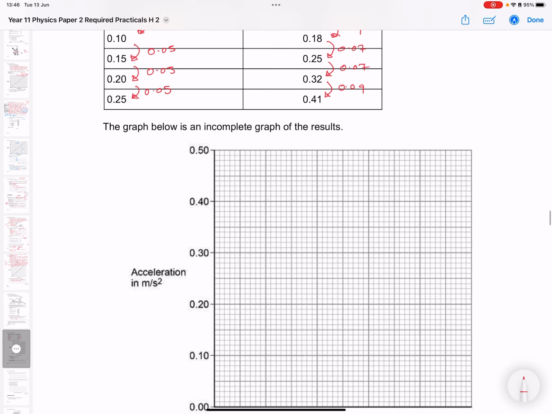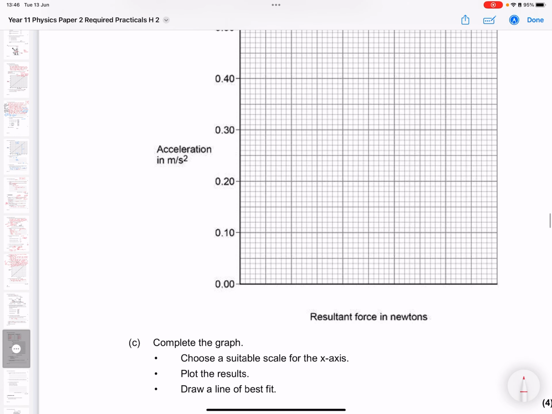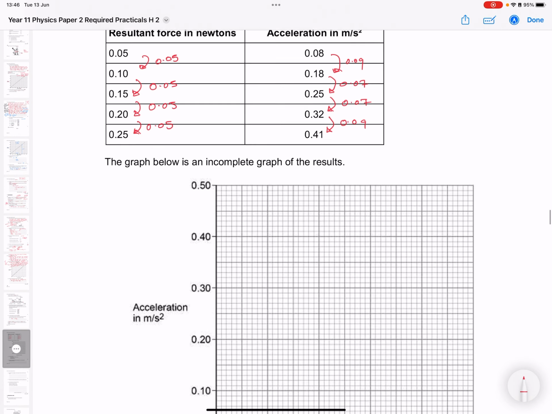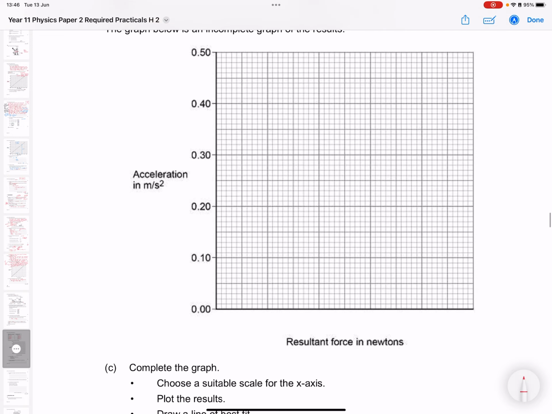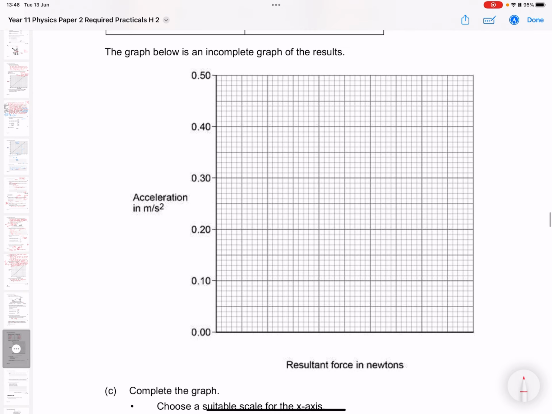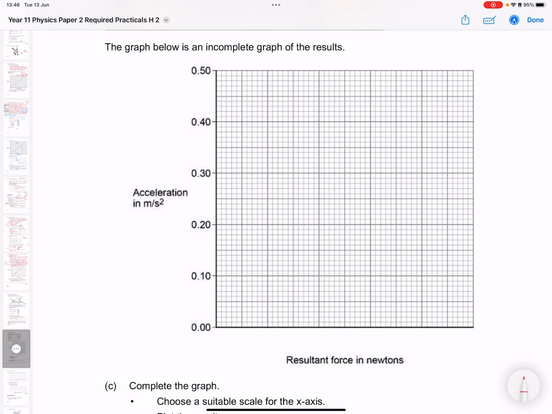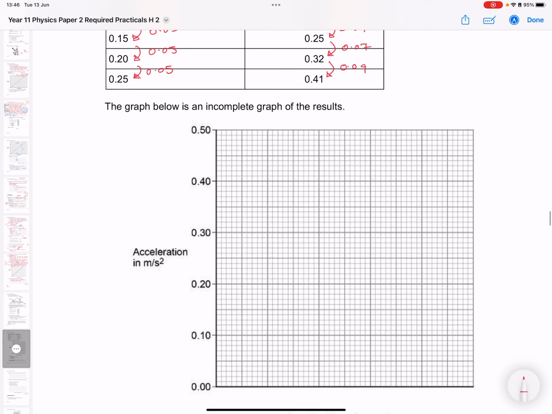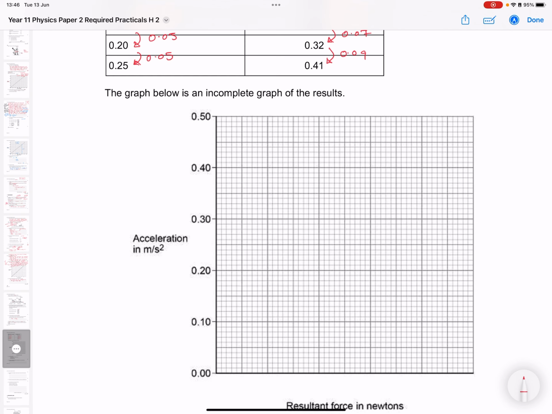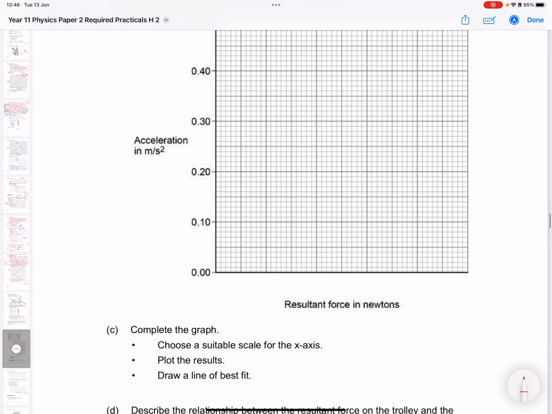The graph below is an incomplete graph of the results, acceleration and resultant force. So for the resultant force, you can use, let's say, 0.05, 0.10, 0.15, 0.20, 0.25.